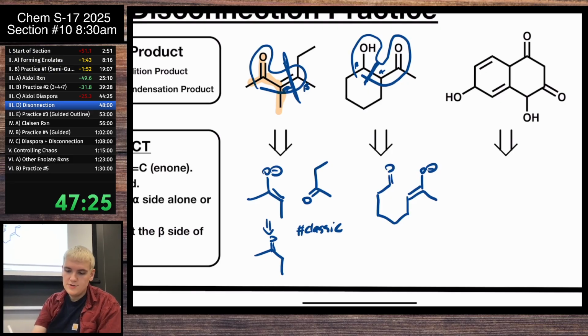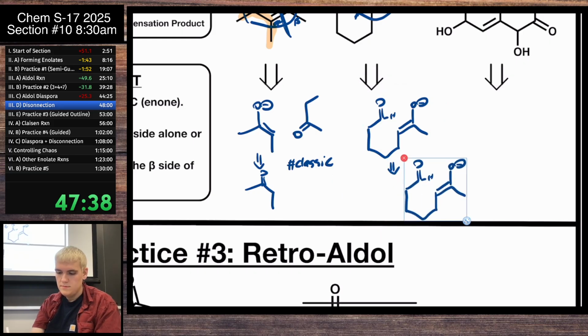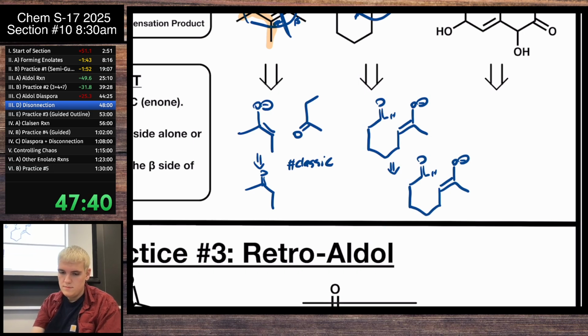And here we have a hydrogen present, so this was an aldehyde. And again, we can go back one further and just turn our enolate all the way back into our carbonyl. And with that, we have this.